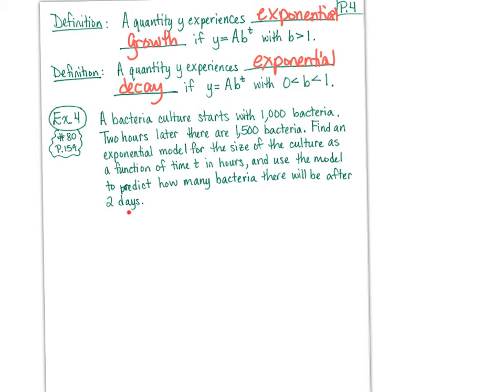Okay, so we first have to remember that our general form is y equals ab to the t. Okay, so if y represents the size of the culture at time t, then y is equal to ab to the t. a is our initial size.